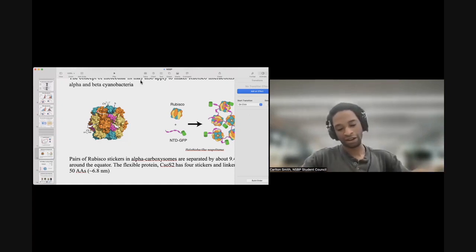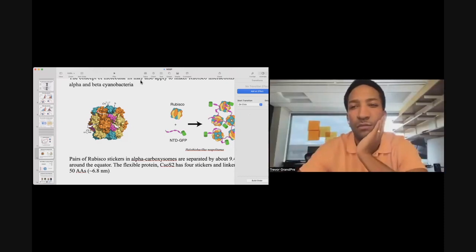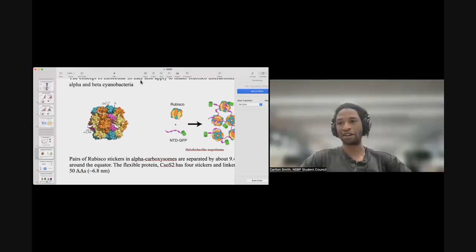But for another organism in which you maybe see a different kind of phase behavior, would you also see a different mechanism for carrying out photosynthesis?